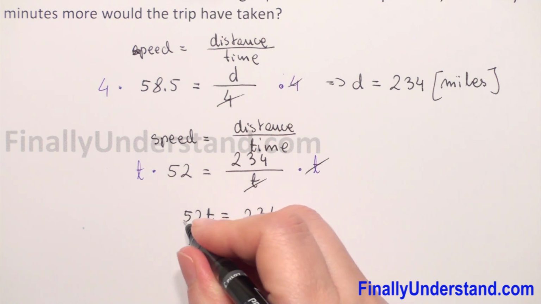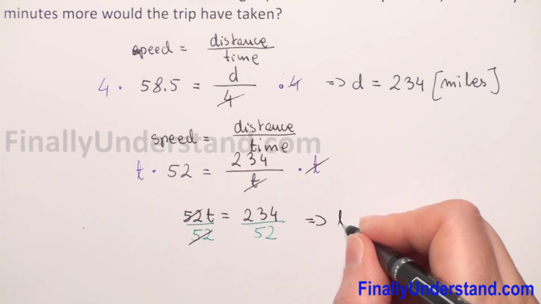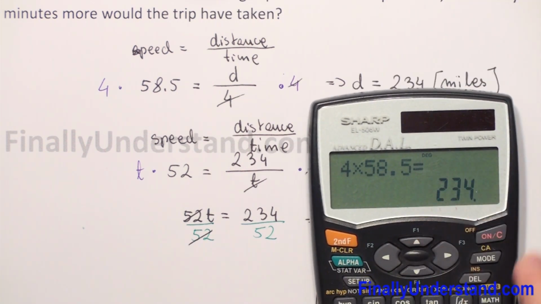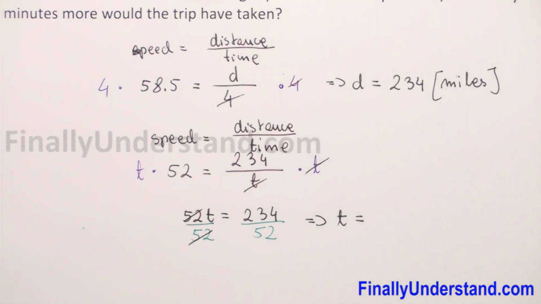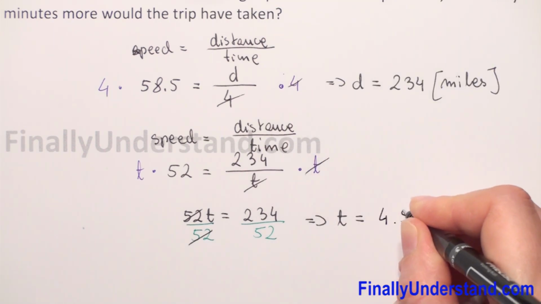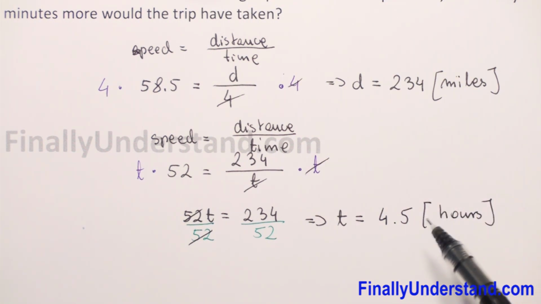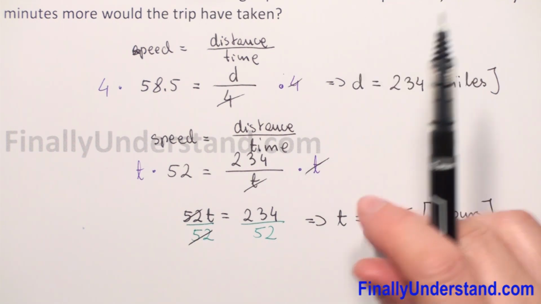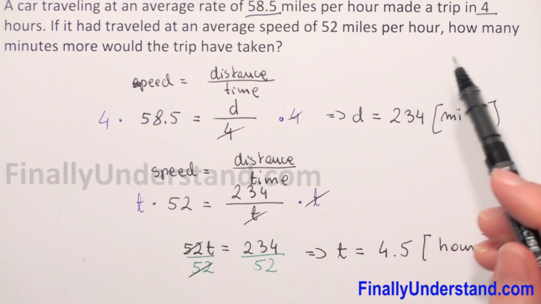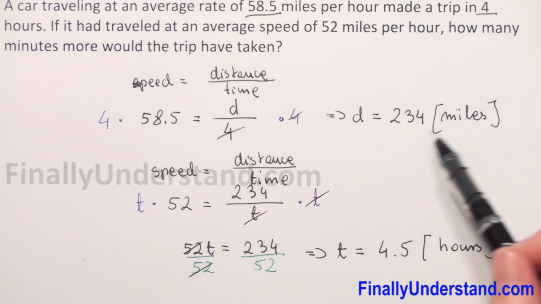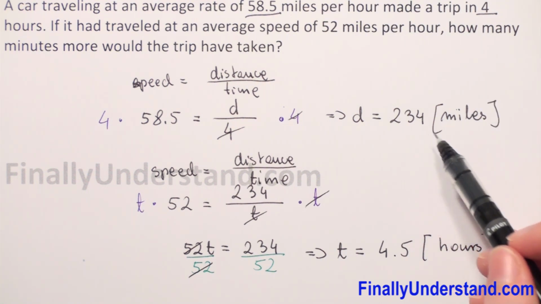So 52 and 52 will reduce and we have that t is equal to 234 divided by 52. This is equal to 4.5, of course, hours. So we got that when the car travels at the speed of 52 miles per hour, the car needs 4.5 hours to pass the same distance, 234 miles.